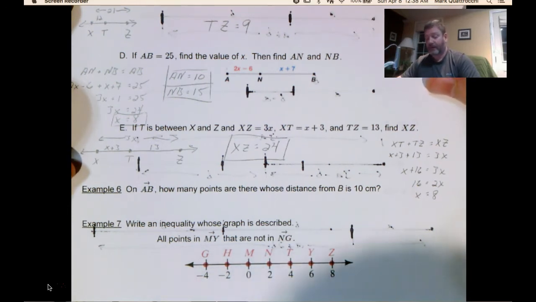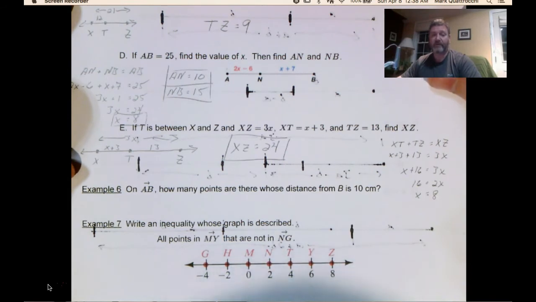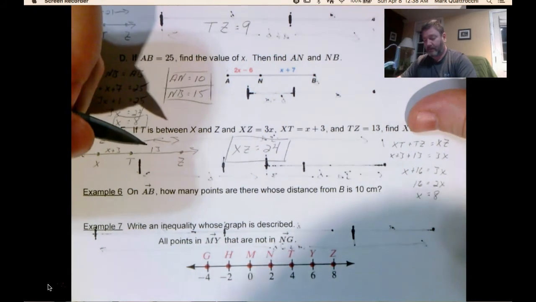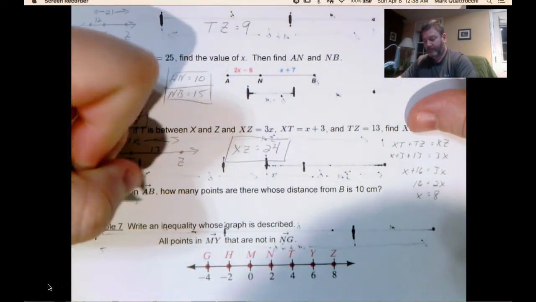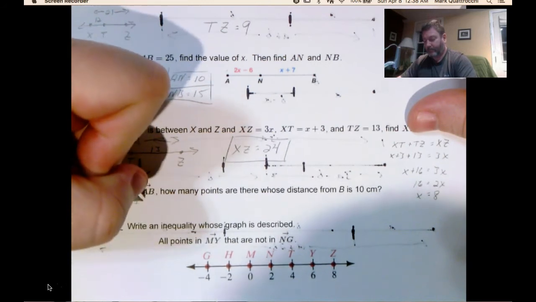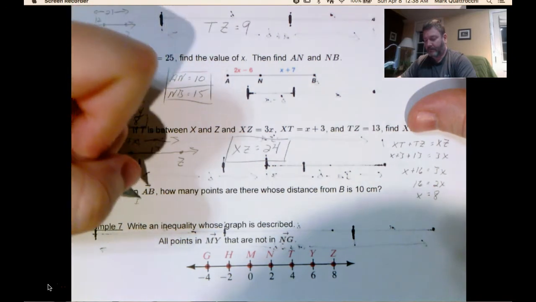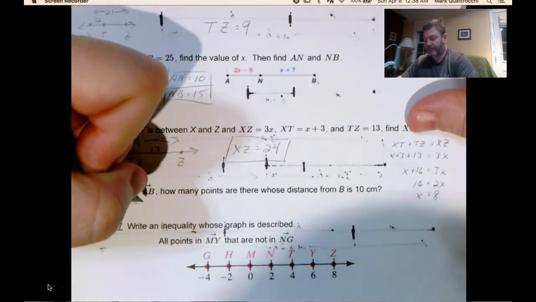How far away is B from the starting point or endpoint A?